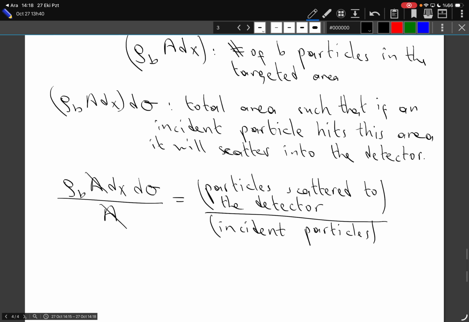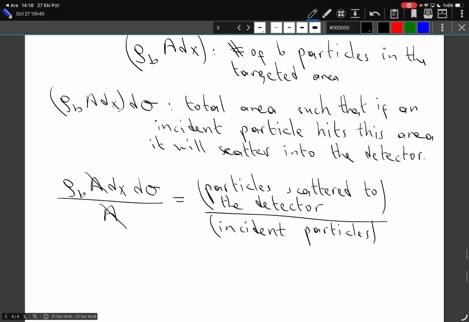So any questions up to here, by the way? What I'm actually doing is, let's say that each one of you has this area near you, and in this description, I'm assuming a uniform beam of particles. Some of them will hit this area in your vicinity, and they will reflect to my detector.